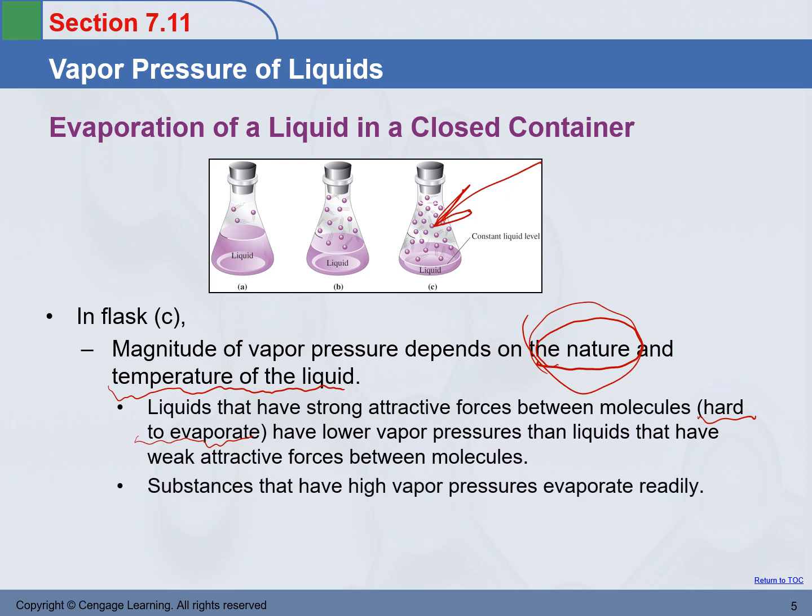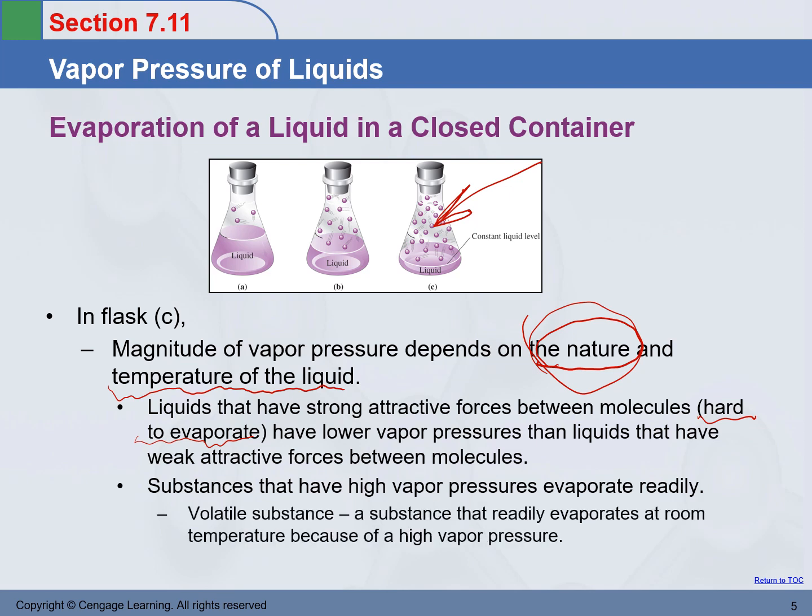Substances that have high vapor pressures evaporate readily. Make sense? Gasoline has a higher vapor pressure than water. We can know from the experiment, if we do those two parallel experiments, we will see gasoline has a higher vapor pressure. Now, the conclusion is that substances with high vapor pressure evaporate readily.